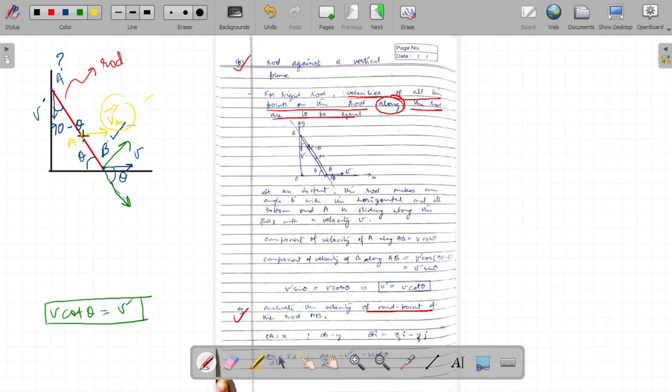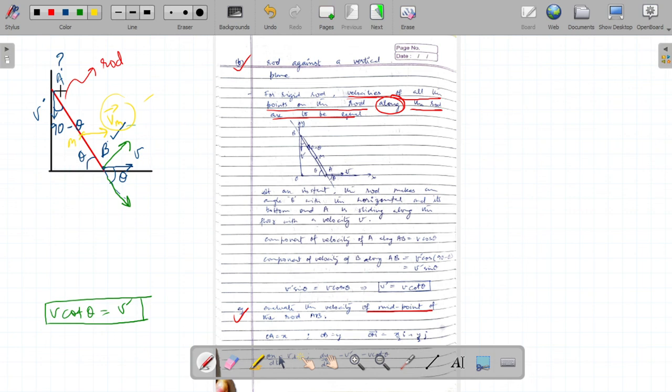So what we'll be doing is that let us take the x coordinate of this midpoint M and the y coordinate of this midpoint M, and we know that M is the midpoint of this whole line, right?